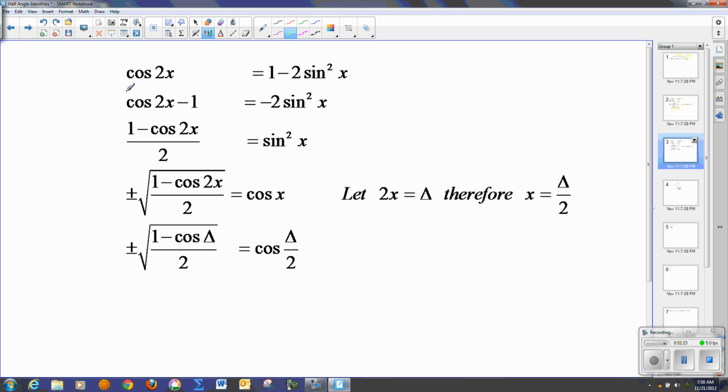Again, we're going to start with the cosine of 2x identity, but this time we're going to use the sine identity, and we're going to do that same algebra. I'm going to bring 1 over. I'm going to divide by -2, so notice the signs switch since I'm dividing by a negative. Take the square root of both sides. Again, make the substitution of delta equals 2x, so therefore x is equal to delta over 2.